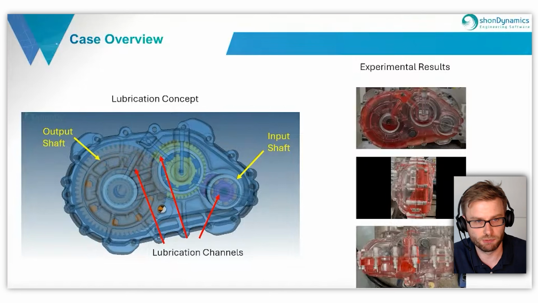So everything should happen passively. So the idea is that we have on the bottom of our gearbox the lubricant. This will be carried by the output shaft to the small pool on the top of the gearbox. And from there, the small channels will directly guide the lubricant to these three bearings.